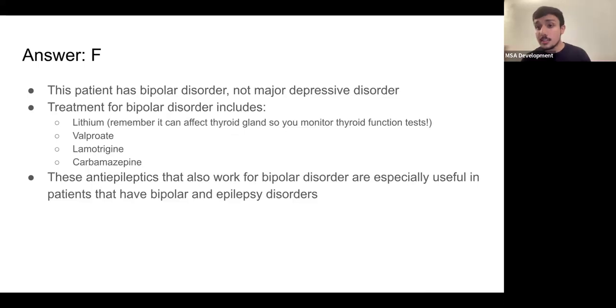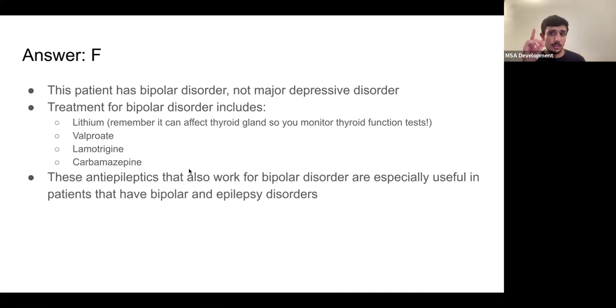It can affect the kidneys, causing nephrogenic diabetes insipidus. If you've taken the kidney module, you should know that. Now, you can also use anti-epileptics in bipolar disorder: valproate, lamotrigine, carbamazepine. These are 3 different anti-epileptics that can be used for long-term treatment, especially when the patient also has epilepsy, because it's going to be 2 in 1.